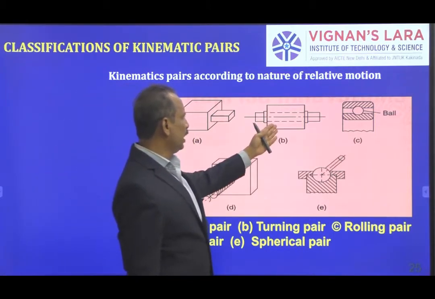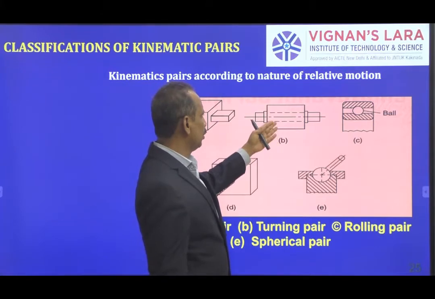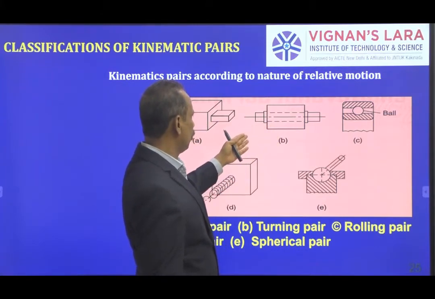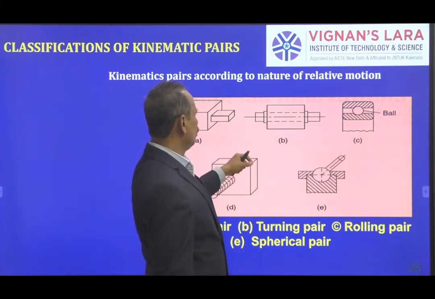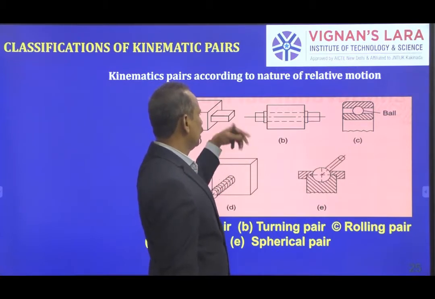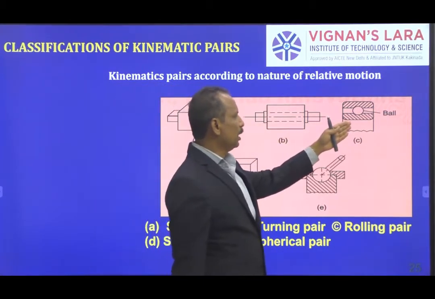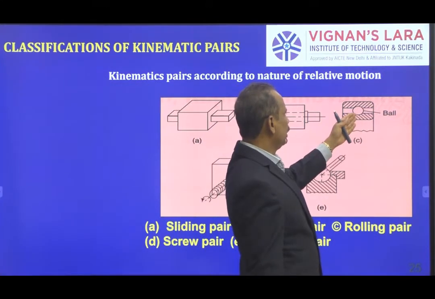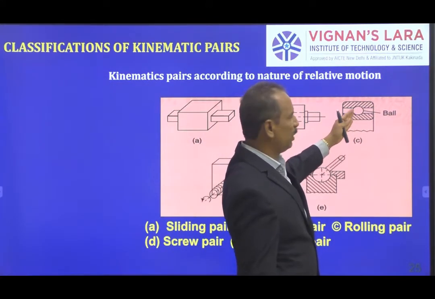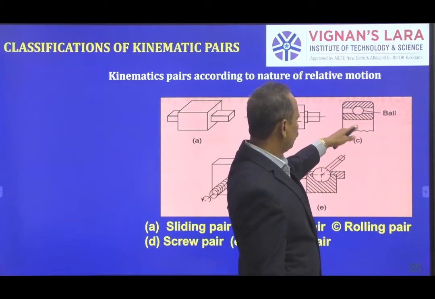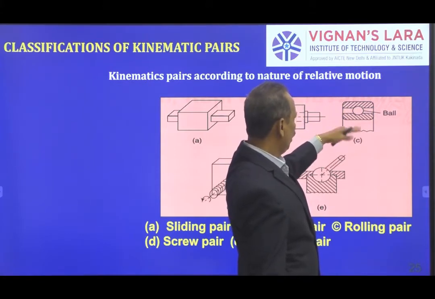Whereas in a turning pair, a circular cylinder is in a circular hole, and when you move one of the members it forms a pair called a turning pair. A rolling pair is like a ball bearing between the inner and outer race, where the ball will roll.